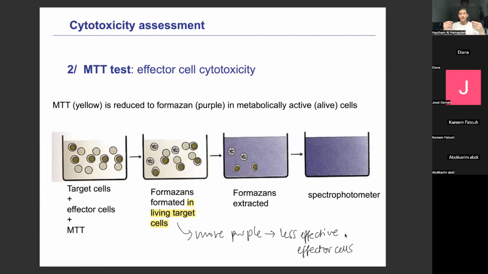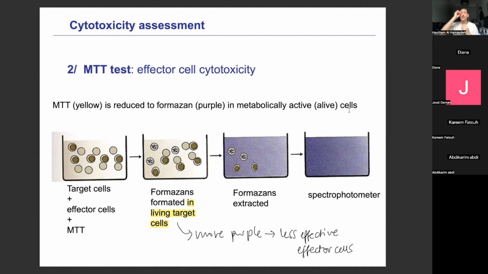The second way to detect cytotoxicity is using an MTT test. An MTT test is basically saying if the MTT stays, then the cytotoxicity is high, I think. Wait, so MTT is reduced to formazan in metabolically active cells. Yes.